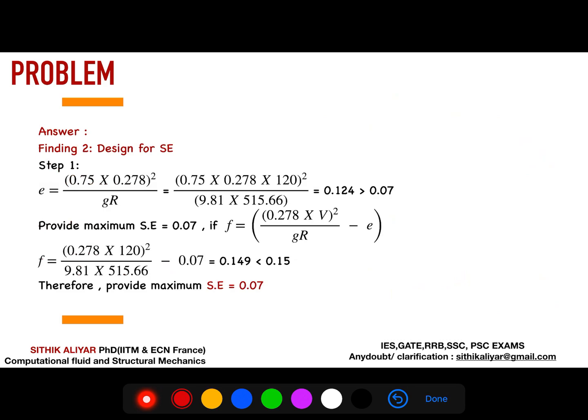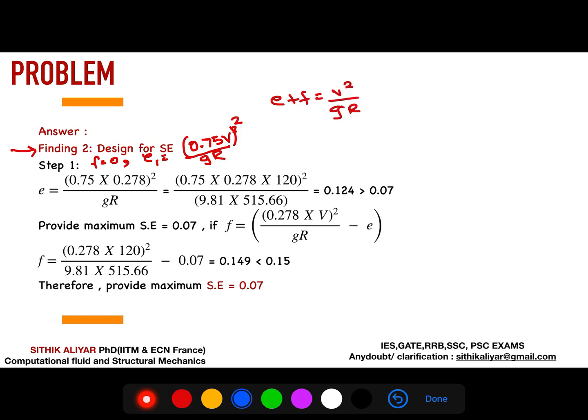The second finding, they are asking you to design the superelevation. If you remember the design of superelevation, in step 1 we have to ignore the friction, and we also have to take the mixed traffic flow condition. So we take only 75% of the design speed. Understood? Same formula, E plus F equal to V square by GR.